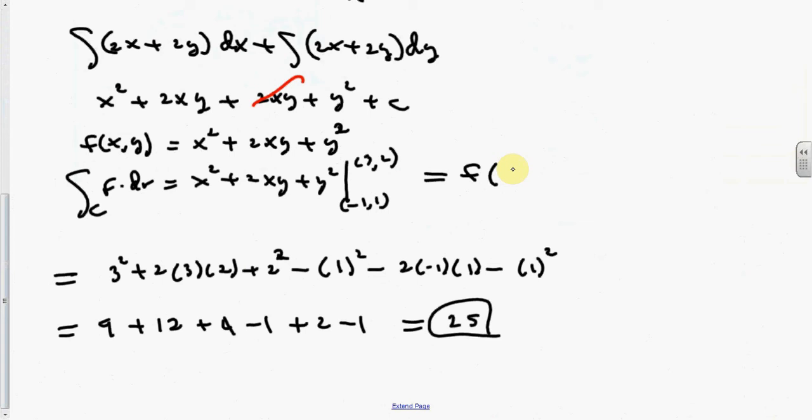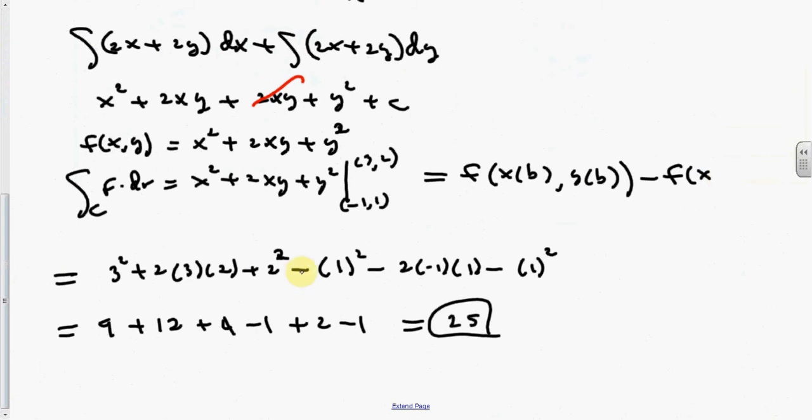That's all we're doing. So this is f of x, a y, this is a comma b. I was going to have that negative parentheses 1 squared.